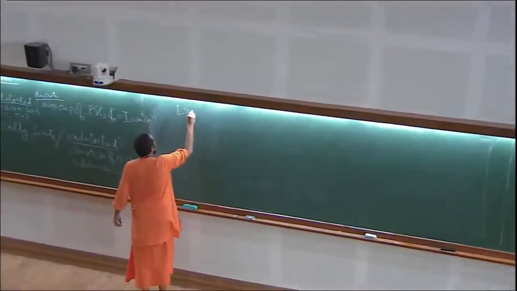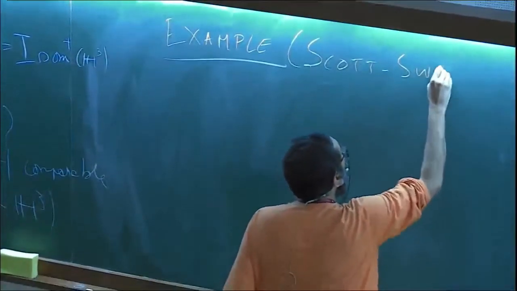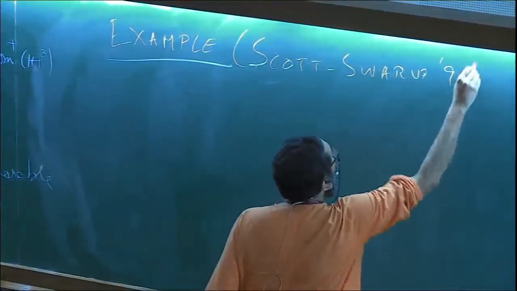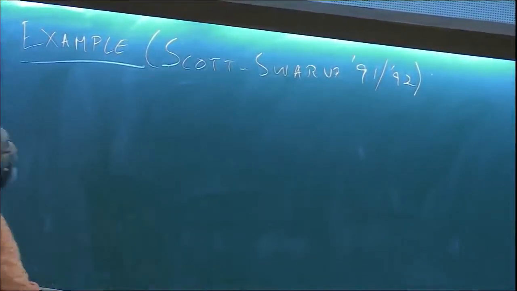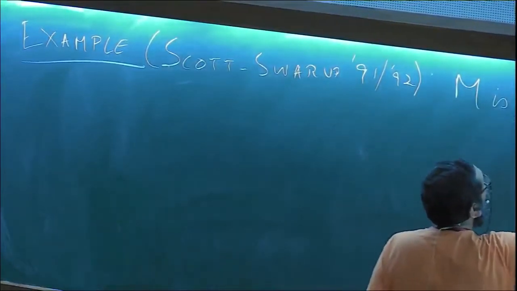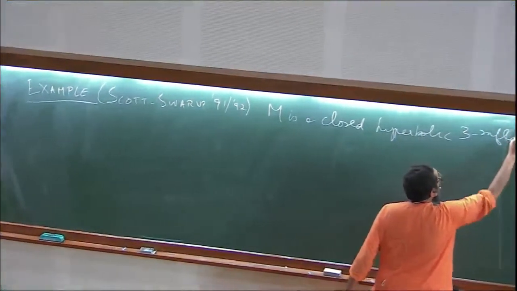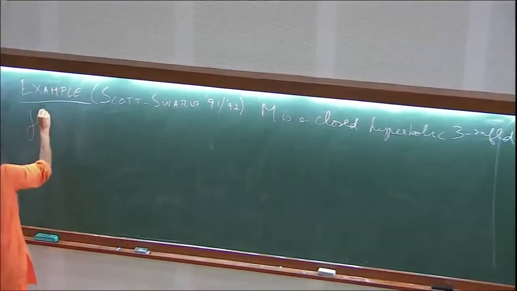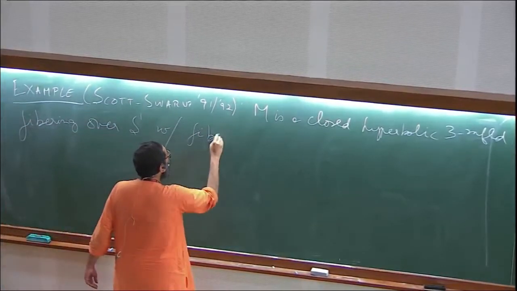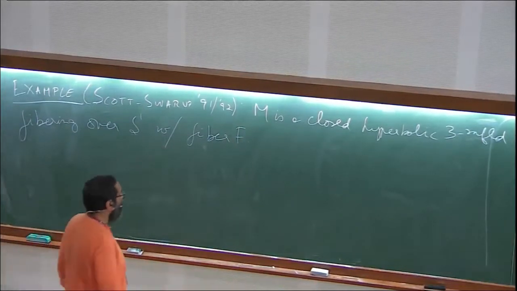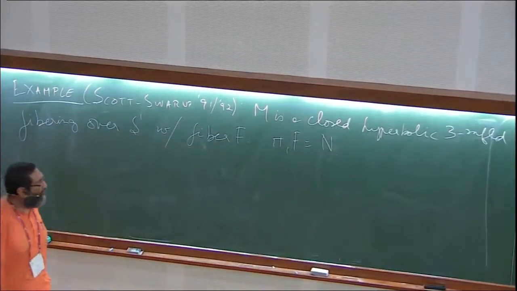And here's the example that started this whole thing off. This is due to Scott and Swarup, probably 91 or 92. And this is going to illustrate what we're talking about. So M is a closed hyperbolic 3-manifold fibering over the circle with fiber F. pi1F is N, for normal.